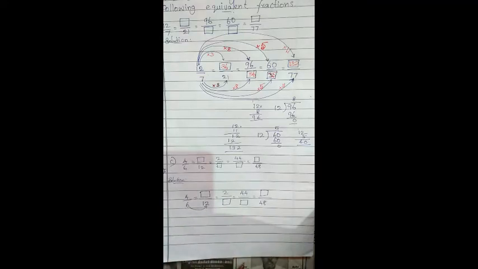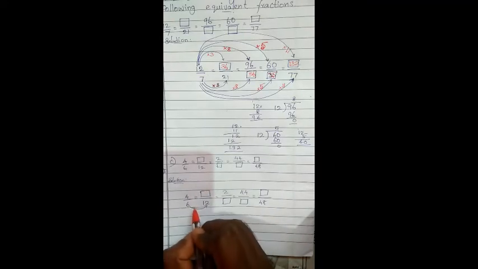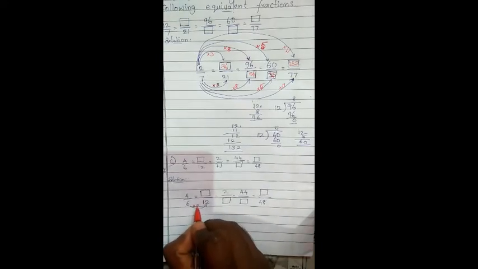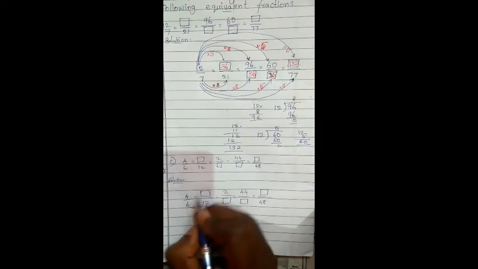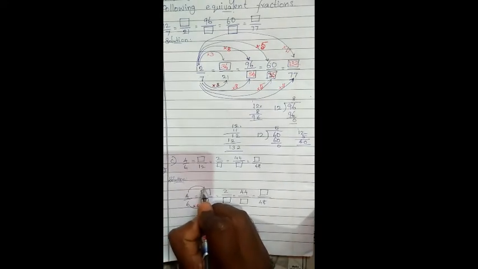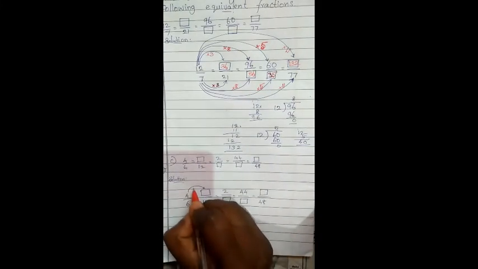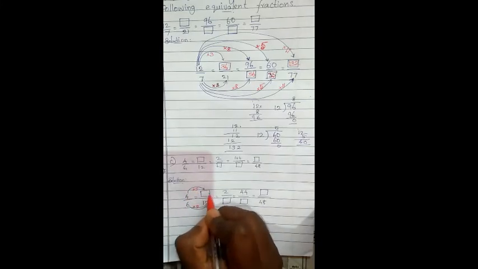Definitely multiplication or division. By multiplication we will get it. Correct. What will be the number? Very good. Multiply by 2. 6 2s are 12. Then we must multiply the numerator by the same 2. So what is 4 2s? Very good. 8 is the answer.